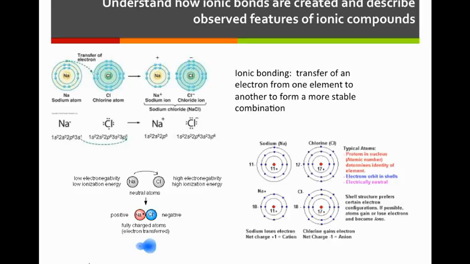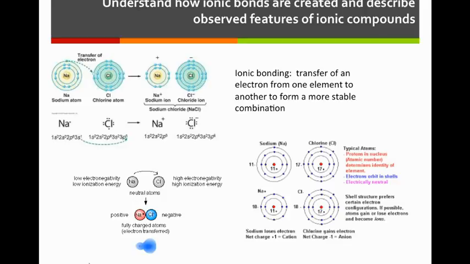The outermost electron in the sodium takes up the remaining electron place in the p orbitals. So the electron that sodium had now spends the majority of its time with chlorine.